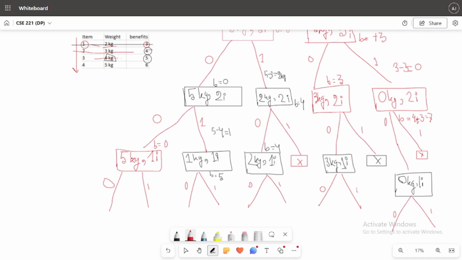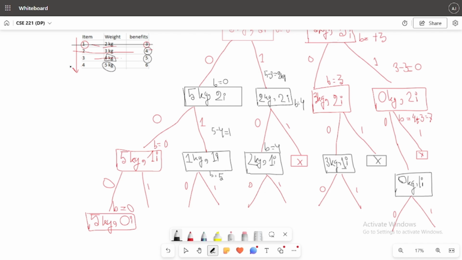Now for 5 kg 1 item, as it is 0, so it will remain the same. 5 kg and our item will be 0, right? Simple. And what is our benefit? It will remain 0.